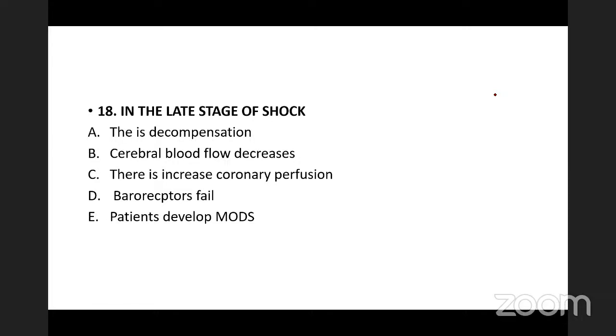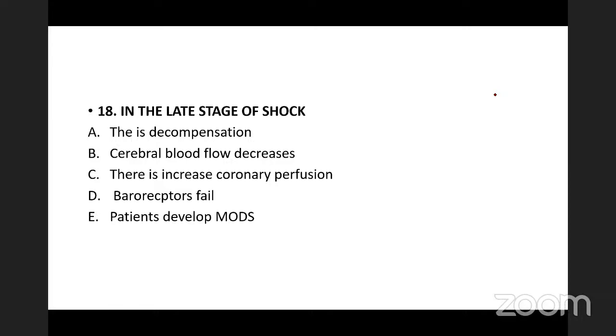In the late stage of shock, there is decompensation. It is called a phase of decompensation. The compensatory mechanisms of both the baroreceptors and the renin-angiotensin-aldosterone pathway are all lost. Cerebral blood flow decreases.